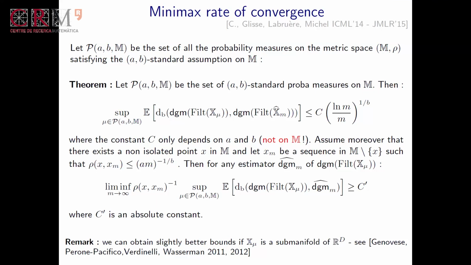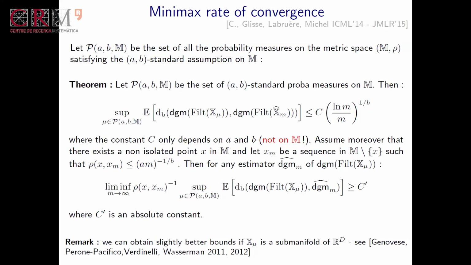This is what we call a minimax rate of convergence, because for this quantity we have an estimator that has a rate of convergence which is optimal in this family of A/B standard measures. Okay? Again, that's just classical statistical stuff applied to persistence with the help of the stability result. Okay? So far, so good? Any question about this?